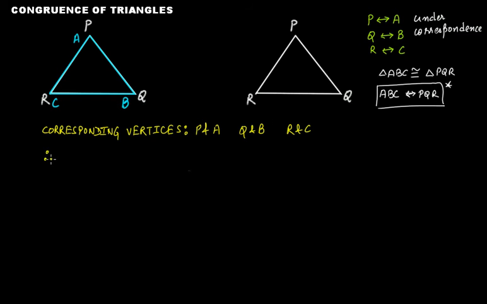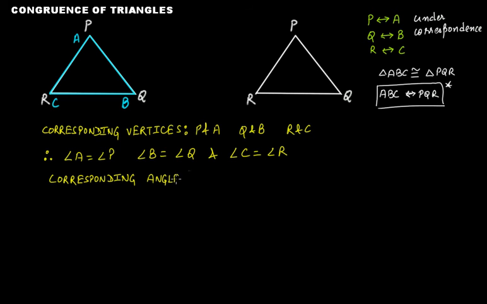Therefore, since these two triangles are congruent, angle A will be equal to angle P. Angle B will be equal to angle Q. And angle C will be equal to angle R. So we can say that the corresponding angles are angle A and angle P, angle B and angle Q, angle C and angle R.